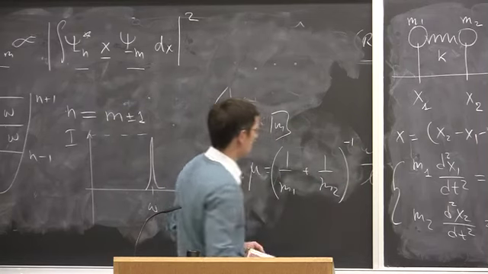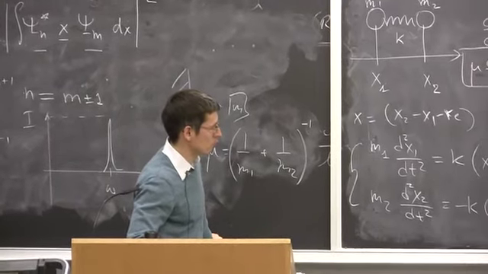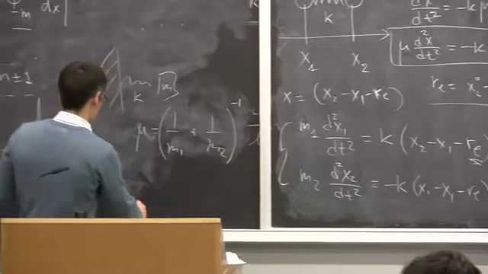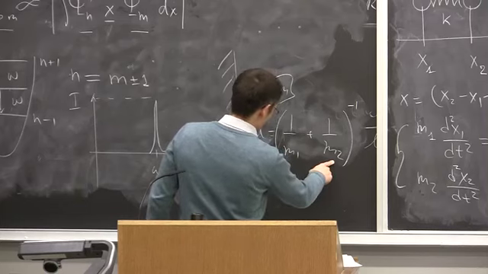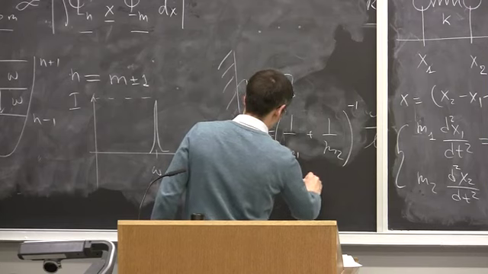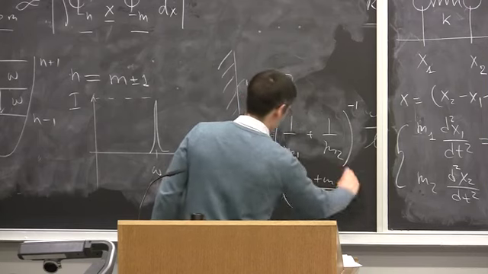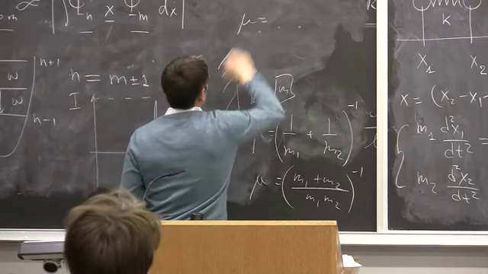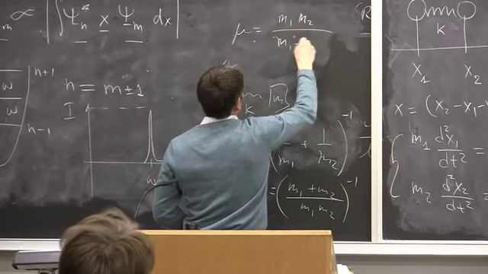So this is how we defined the mu, right there. So then we have m1 plus m2 divided by m1 m2. And the mu then becomes m1 m2 divided by m1 plus m2.